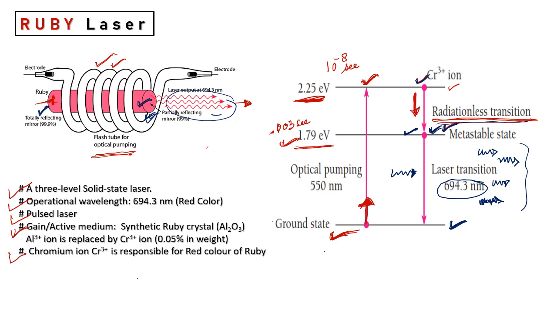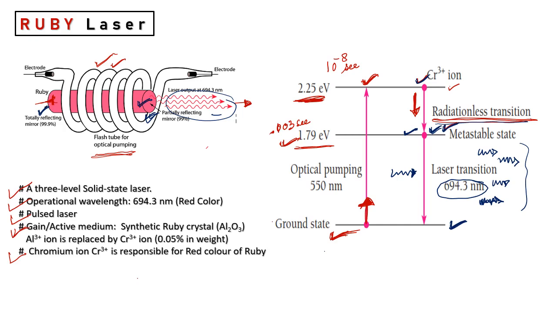So this is the simple working of the ruby laser, in which we supply certain energy from the flash lamp, and the chromium ions present in the ruby rod get excited to a level of 2.25 electron volt, and from there they collide with different ions present in the ruby crystal.